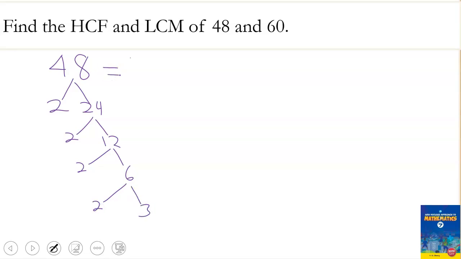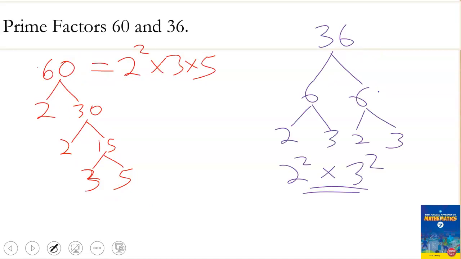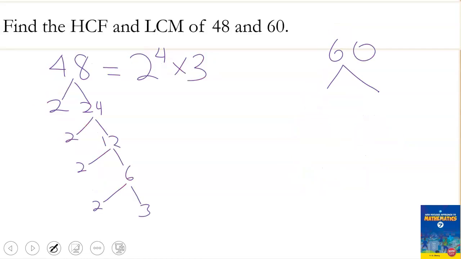Together, I'm going to write 2 exponent 4 times 3. Then with our 60, we learned from the previous one that 60 gave us 2 exponent 2 times 3 times 5.